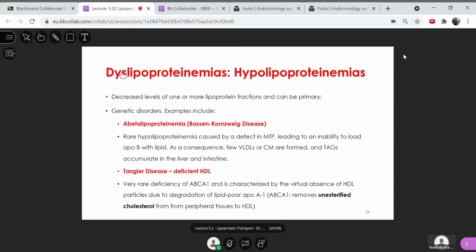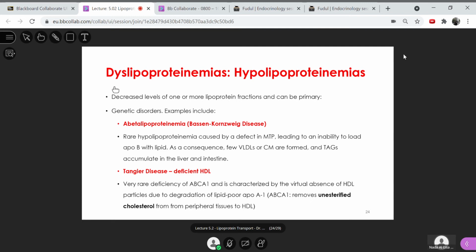So there is something wrong, whether high levels or low levels, as long as they are associated with disease eventually. So either high LDL, high VLDL, or high chylomicron, high cholesterol, or low HDL. If HDL is low, that's kind of harmful.